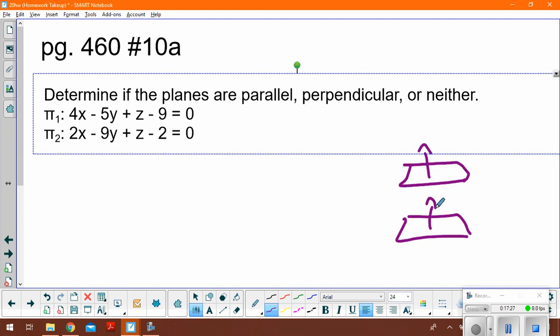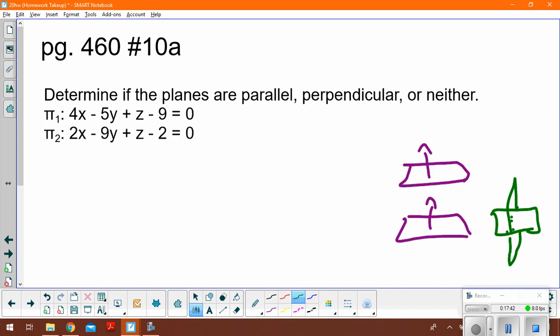They'd have to be running in the same or opposite directions. If the planes were perpendicular, so this is going to be a little hard to draw, but something like this, they meet at a right angle. Well, when I tack on the normal vectors, they would also meet at a right angle.